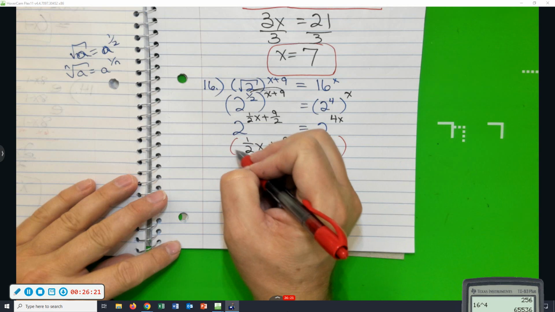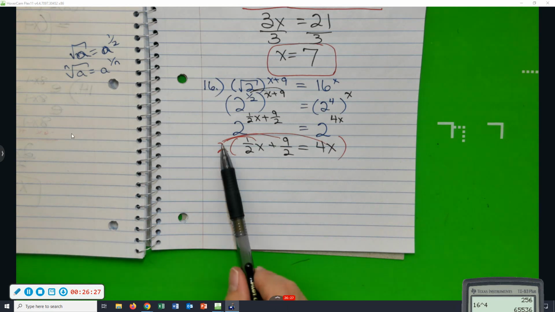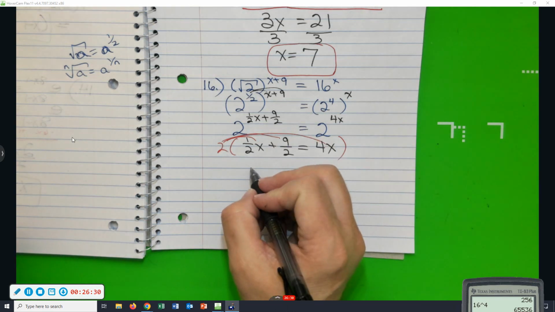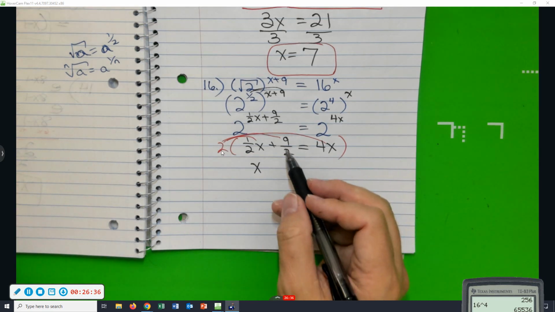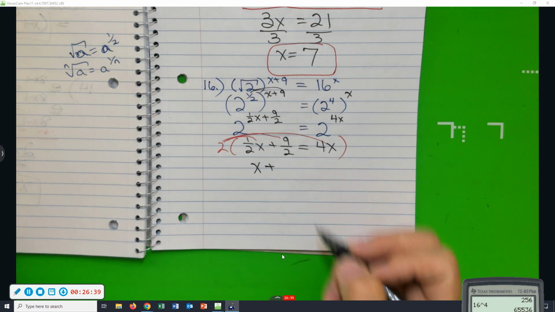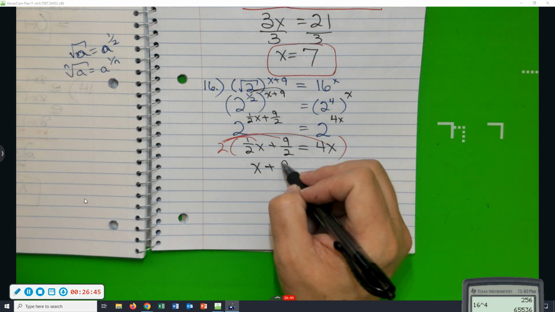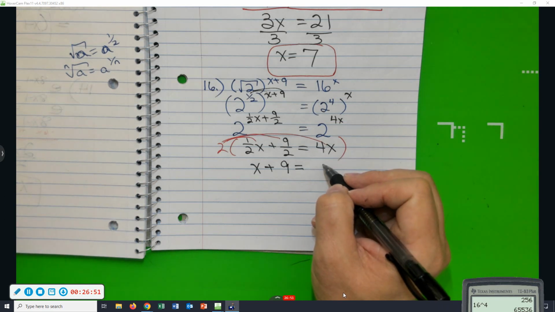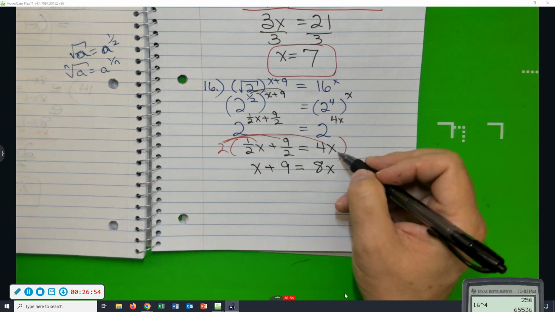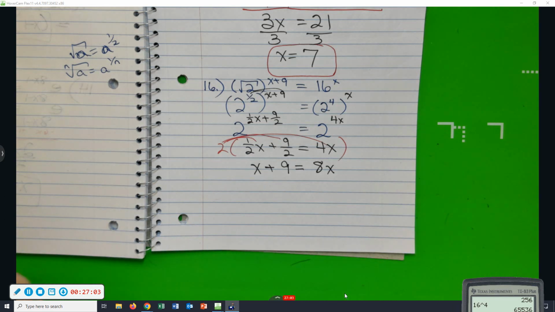You distribute a 2 over both sides. 2 times 1/2 x gives me just 1x, the 2's cancel. 9/2 times 2 gives me 9, the 2's cancel. 2 times 4x would be 8x. There's no fraction here, so there's nothing to cancel. I think in the past we would go through 2, 2, 2, but we're advanced enough now just to distribute the 2.